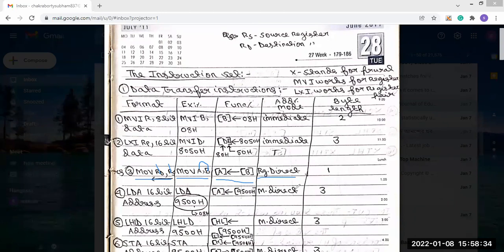And what will be the byte length? Here you see no numerical value is present, no 8-bit data, no 16-bit data. So that means it will be a 1-byte instruction, 1-byte length.